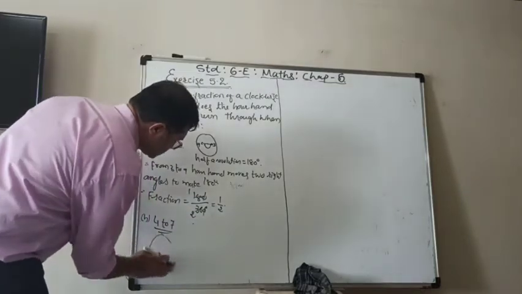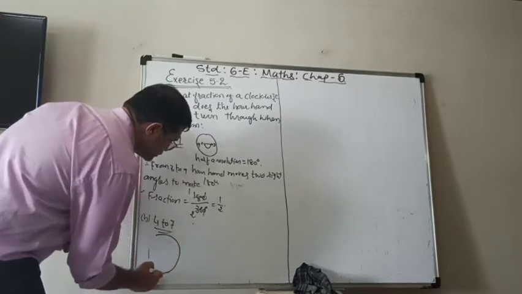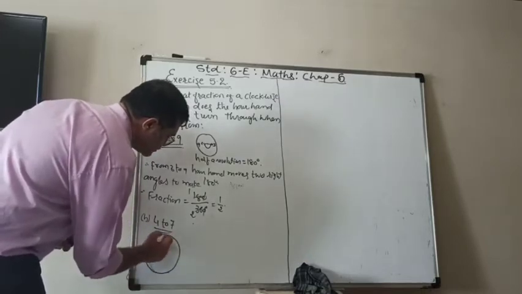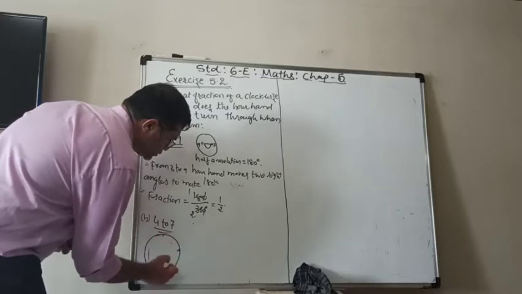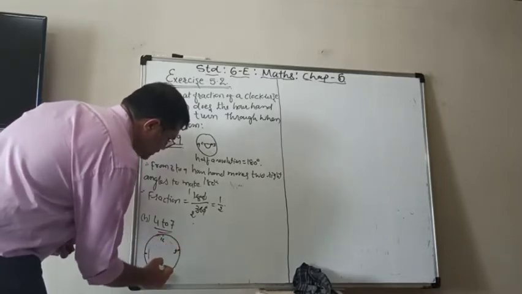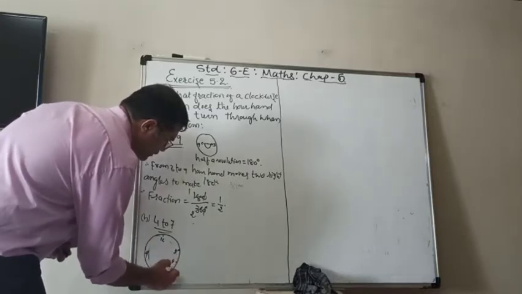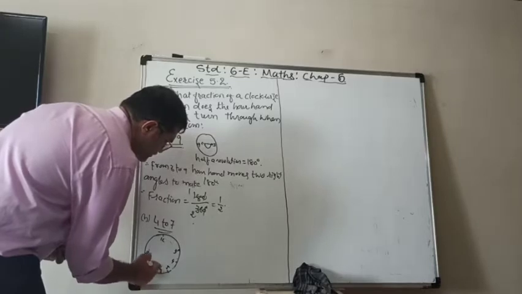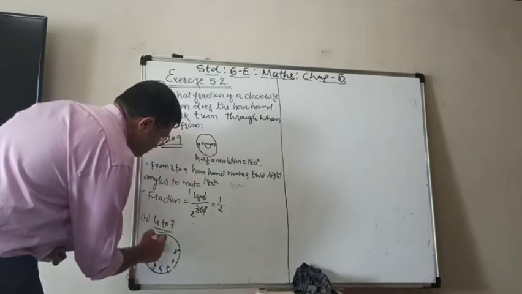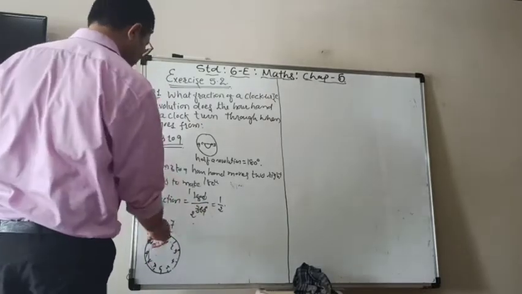Now you can see 12, 3, 6, 9, 4, 5, 7, 8, 10, 11, 1, 2.